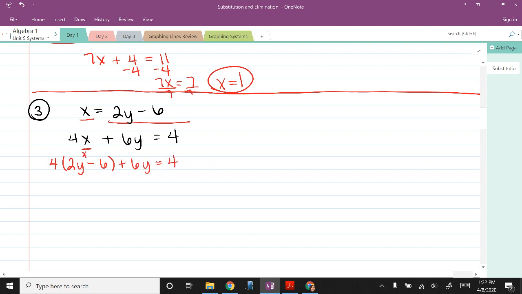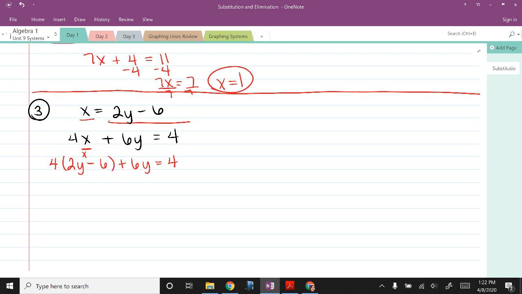So this is where x originally was, is where that parenthesis is. And now my equation has all y's. So now I can solve this one for y. Sometimes you solve for x first, and sometimes you solve for y first. It doesn't really matter which one you do first. Just when we put our ordered pair in at the end, we want to make sure it's x, then y.